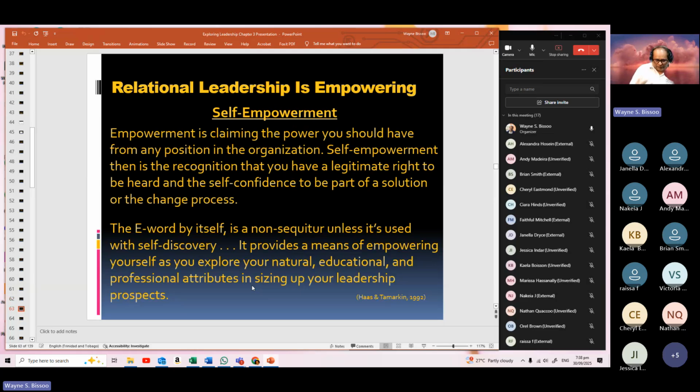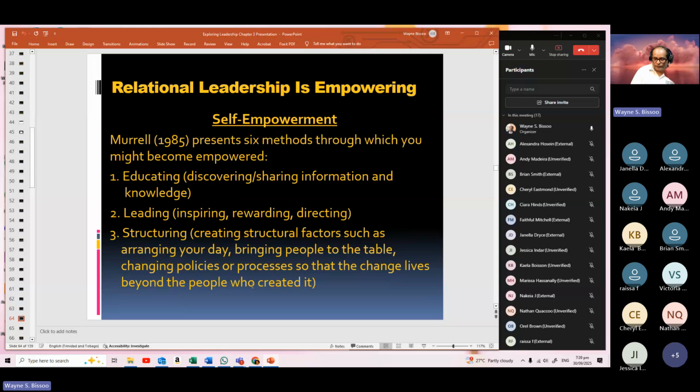Self empowerment, of course, we spoke about this from the very beginning. It's something that we have to encourage other people to get involved with, and we have to project it as well, through a number of things. For example, our own education, through leading and inspiring others. I might be able to do training with other people to help them with this sort of self empowerment, and of course, structuring the environment to allow self empowerment.